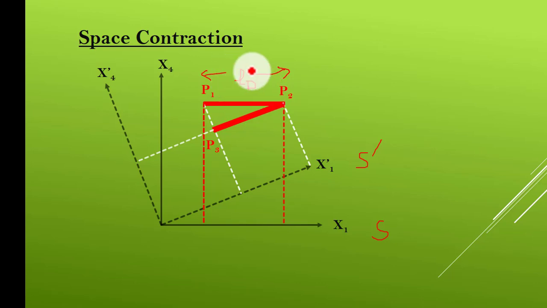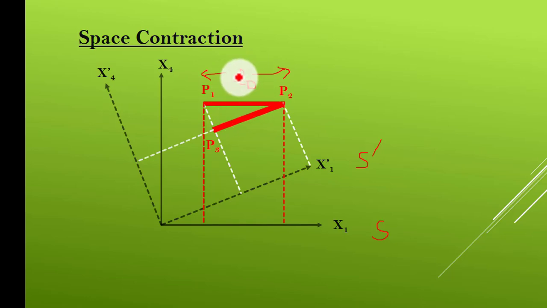That is called the proper length of this rod. What is proper length? Basically, it is the length measured at the same time. As this frame is not moving, the length is measured simultaneously, and L naught is called its proper length here.